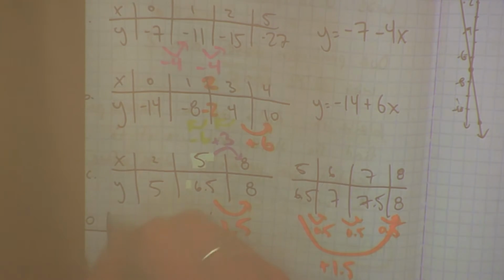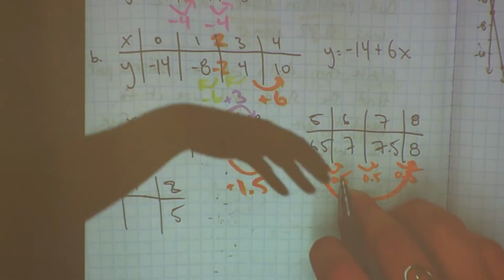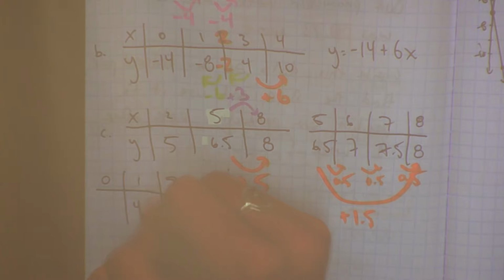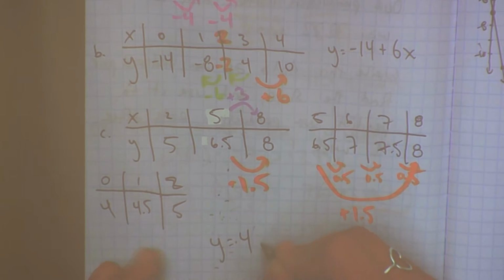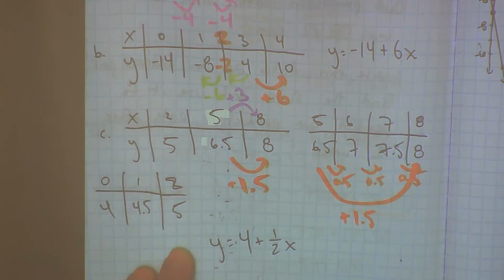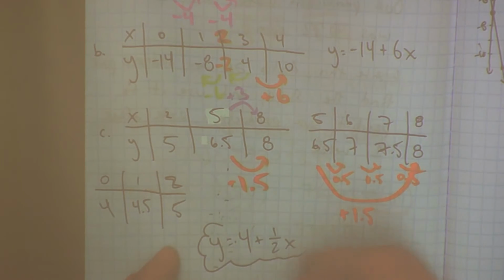I don't know 0, but I know 2 is 5. So if I work backwards off of 5, I know that 1 would have been 4.5, making 0 be 4, so I can write my rule as it starts at 4, plus a half x. So here is the rule for that last one.